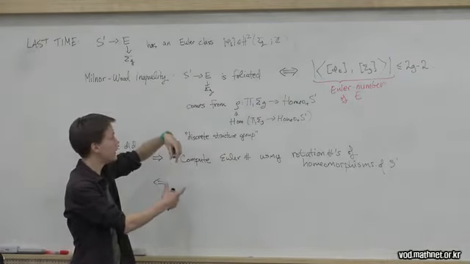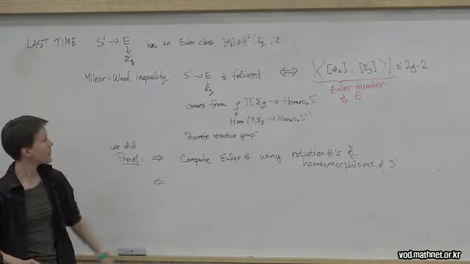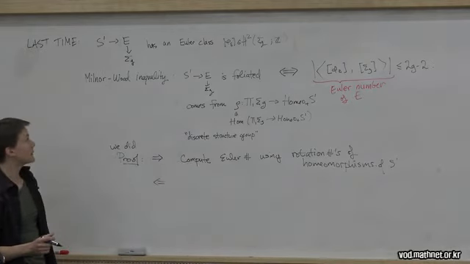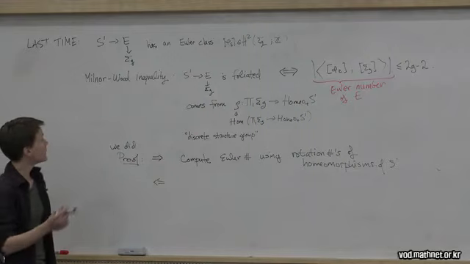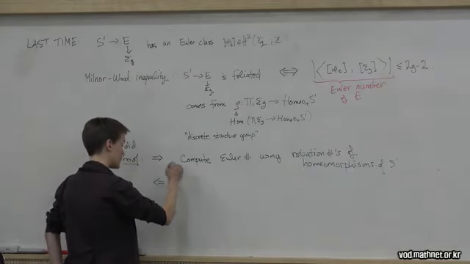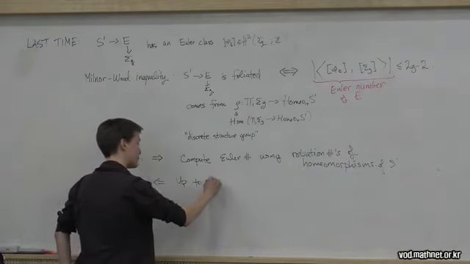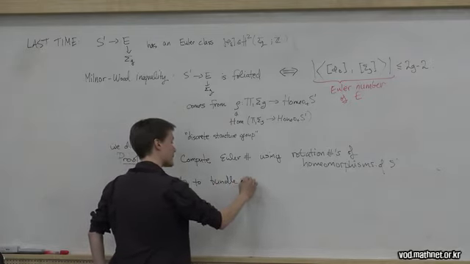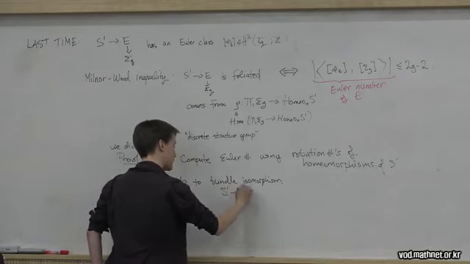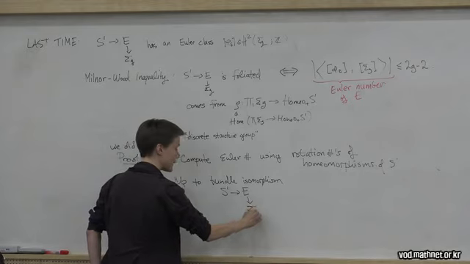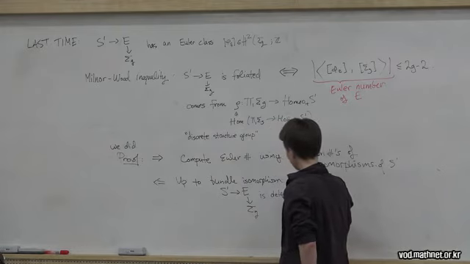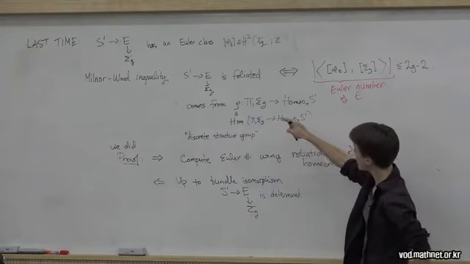And this is basically just the observation that by classical fiber bundle theory, up to bundle isomorphism, a circle bundle over a surface is completely determined by the Euler class.